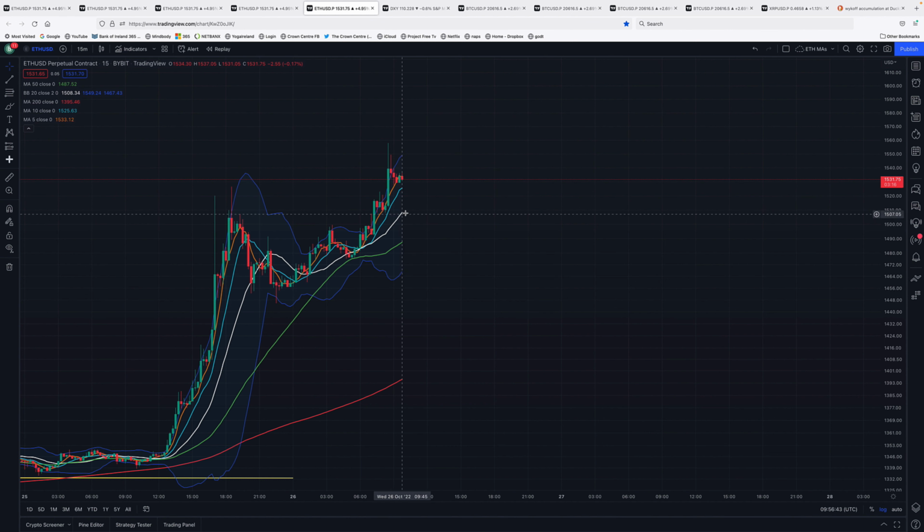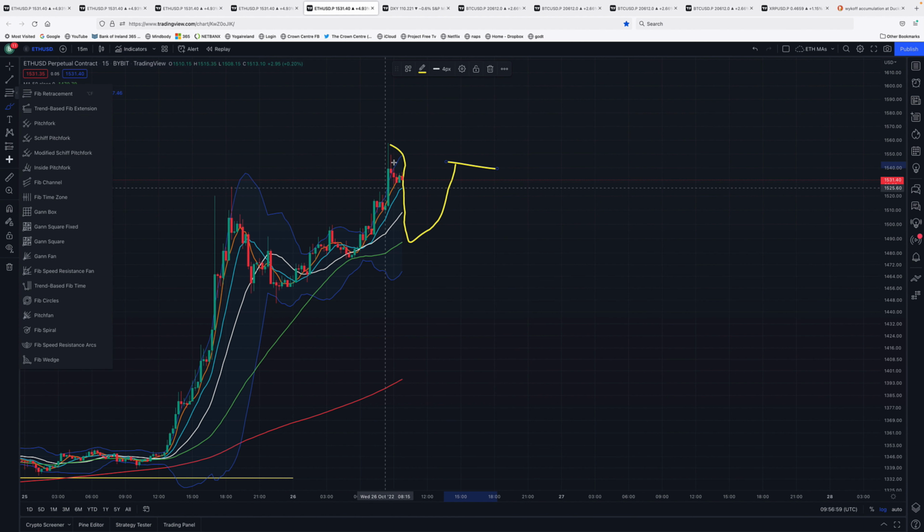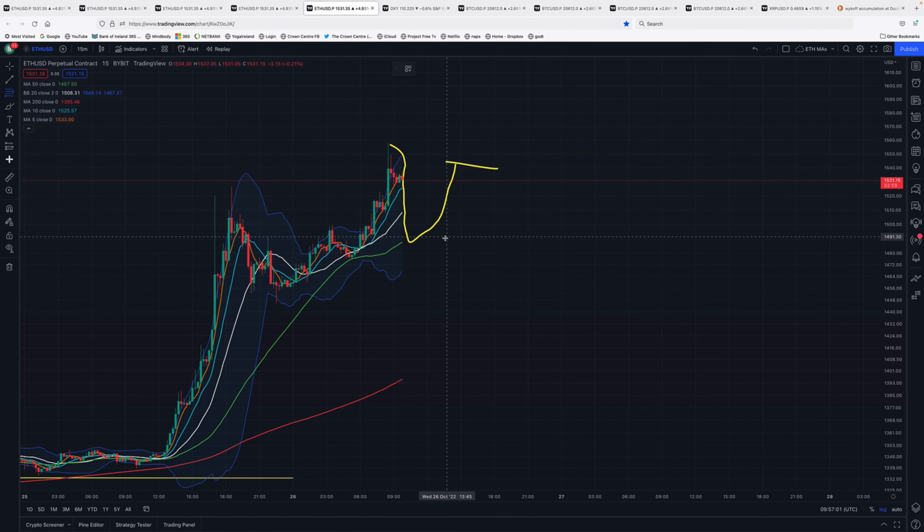I would be waiting for a drop, let's say down to the 20 or the 50, and then put a retracement, and I'll show you what I mean. So down to the 50, and then when it comes up, I will put a fib on it. Probably the 702 is there. There we go. I put it at the 786.